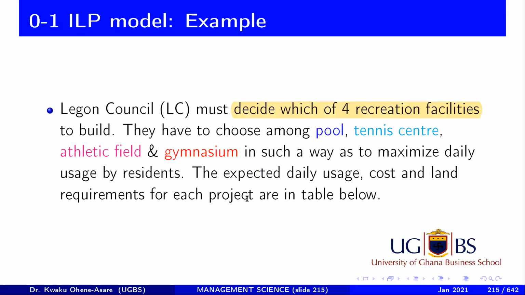So this is a typical example of a binary integer programming. So the decision variable is going to be this. Let x1 be the construction, and I normally want to write it for you so that you can appreciate it next time.